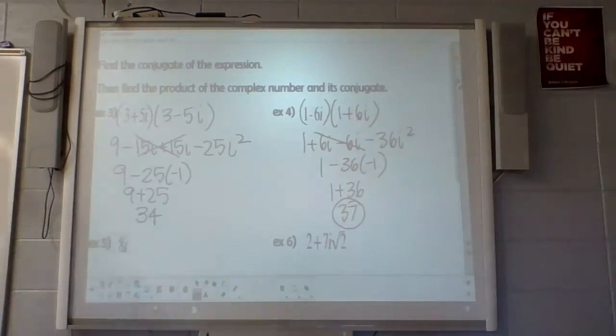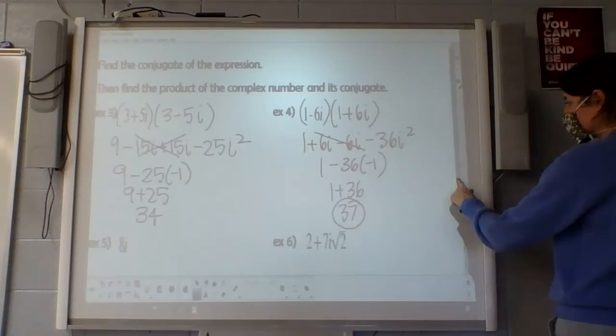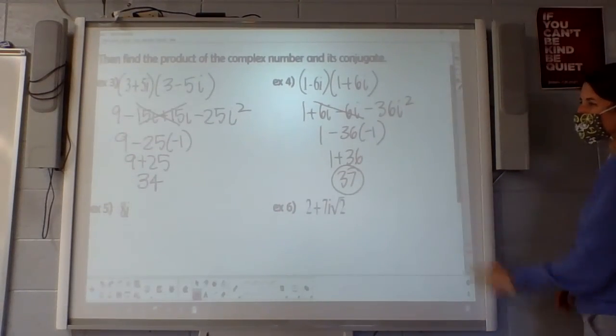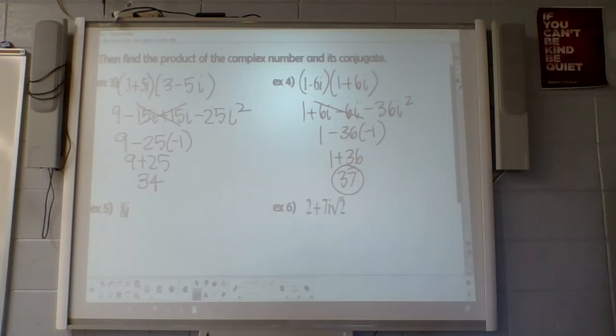All right, so the next two are maybe a little bit confusing as to what the conjugate would be. What do you think the conjugate would be of 8i? Negative 8i. You could use a negative 8i. You really could use anything involving an i to get rid of it.